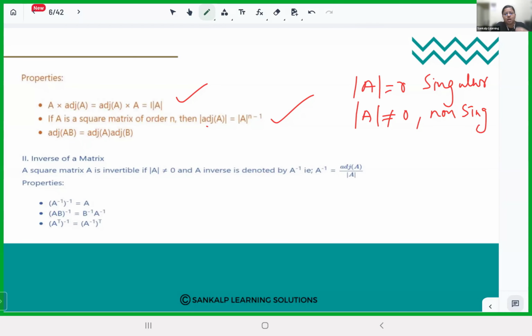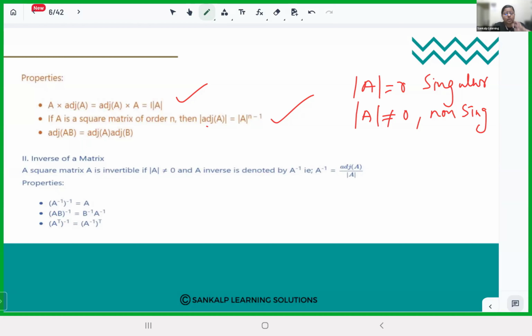So if a matrix is a non-singular matrix, that is, if the determinant of that matrix is not equal to 0, we can say that the inverse of that matrix exists. And how will you find out the inverse of that matrix? It is nothing but adj A, the adjoint of the matrix, divided by the value of determinant A, which will give you the inverse of that matrix.